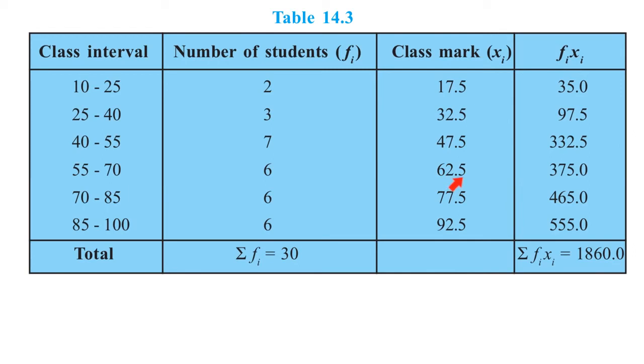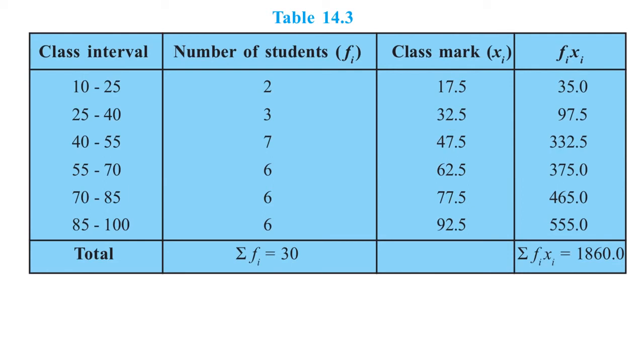Let us choose A to be 47.5. So the first step, let us choose one of the values of xi as an assumed mean and represent that by A. Let's take the middle of these, it can be 47.5 or 62.5. Let's settle down for 47.5.